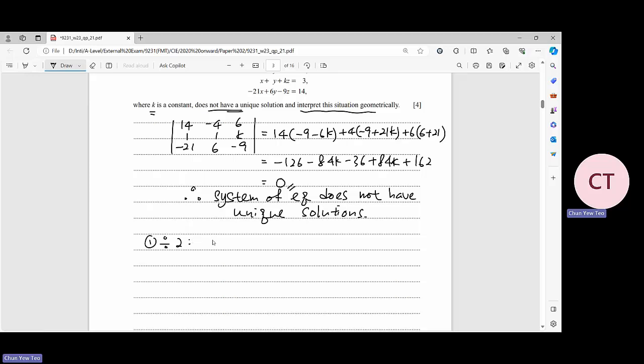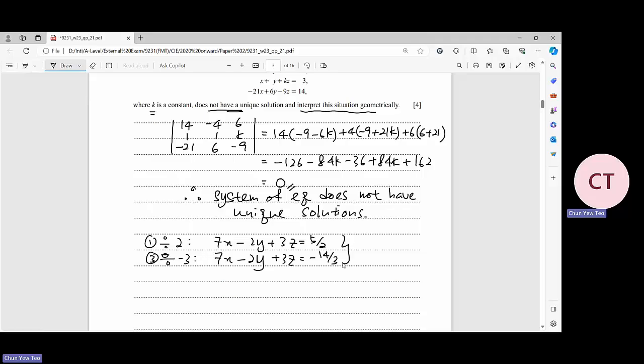If I divide the first equation by 2, I get 7x minus 2y plus 3z equals 5 over 2. And the third equation, if I divide it by negative 3, then I will get 7x minus 2y plus 3z equals negative 14 over 3.